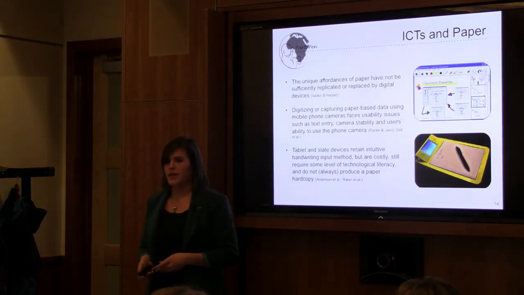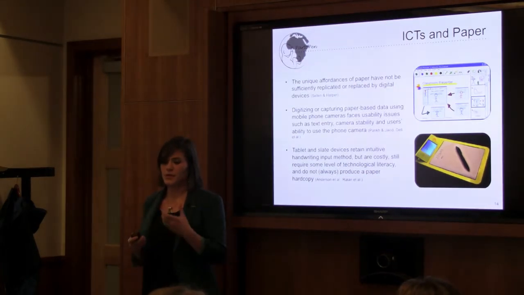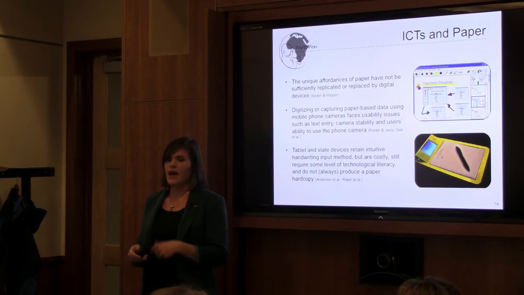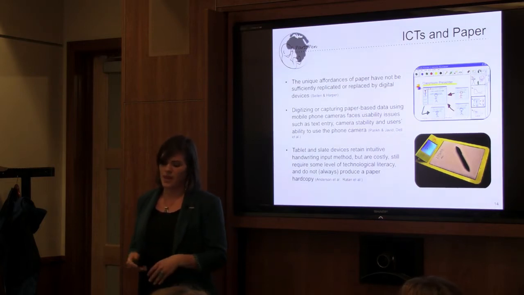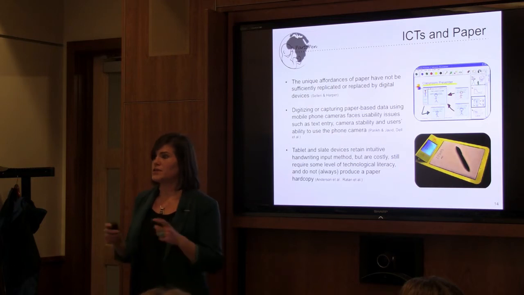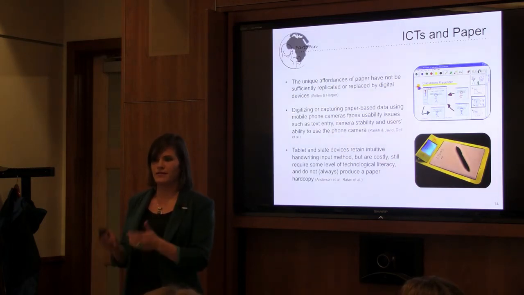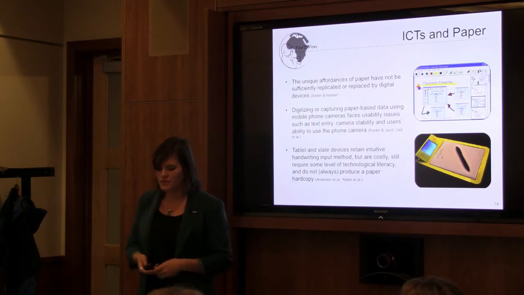Some of the smartphone applications that have been developed attempt to capture paper forms using the camera phone and then digitize the data that way. But a lot of usability problems have been found with the small screen size, capturing it correctly within the frame, and having the user hold it still enough to get a quality photo.